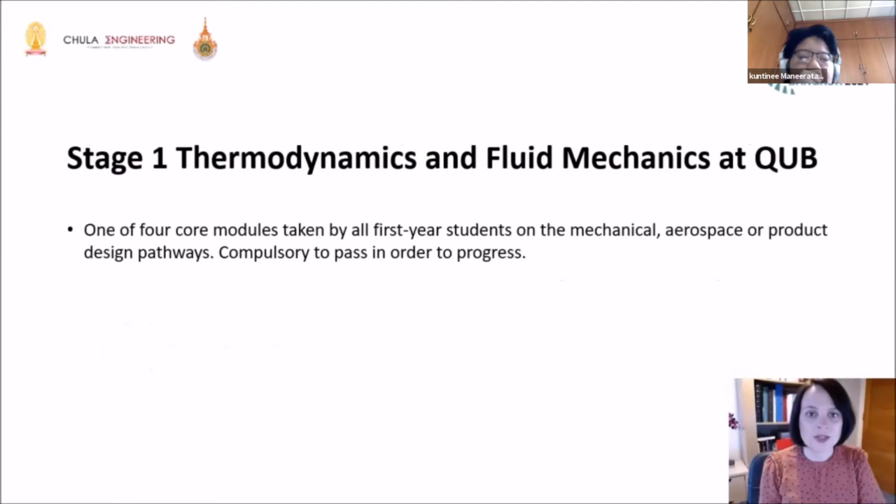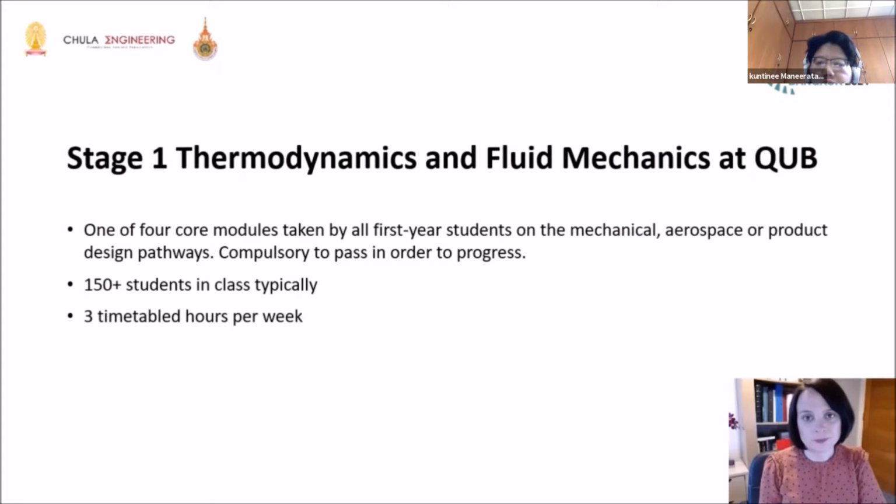So in our own case, our Stage 1 Thermodynamics and Fluid Mechanics module is one of our 4 Stage 1 core modules. And all students across the mechanical, aerospace and product design engineering pathways take this subject. It's compulsory to pass this module in order to progress into Stage 2. Generally, the classes are quite large with over 150 students.